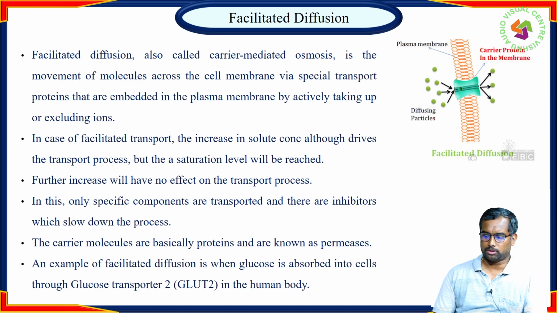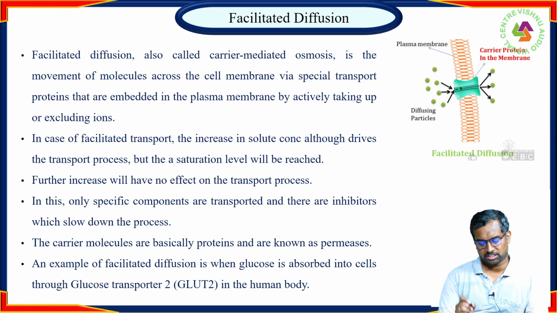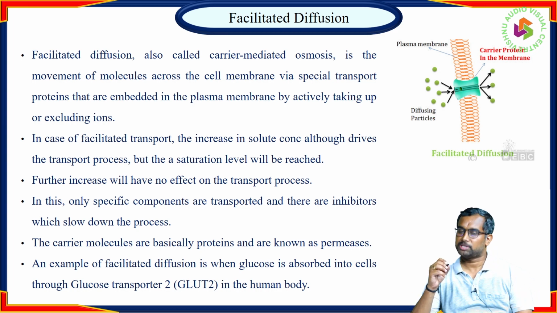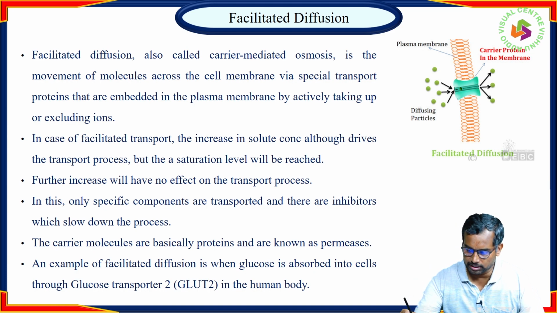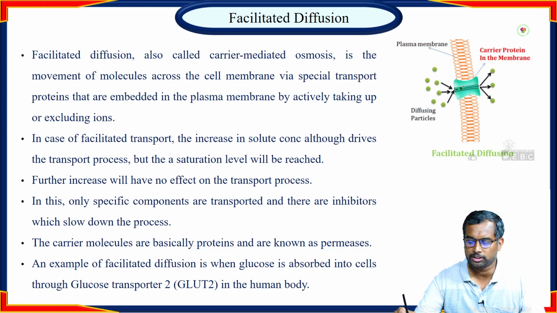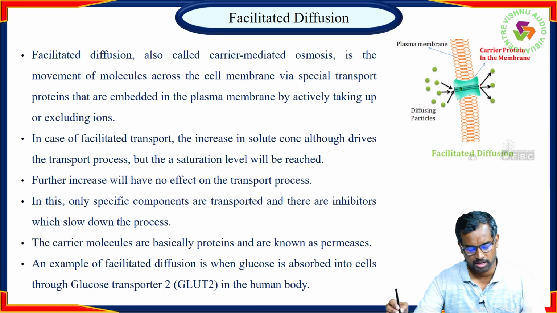In this type of facilitated diffusion, only specific components are transported. Not all components will be transported across the carrier protein. The carrier protein is specific in nature and will allow only certain types of molecules to pass through the cell membrane. The idea is to identify the specific molecules the carrier protein will support, so that molecules from outside the system can flow easily across the cell membrane into the cell.